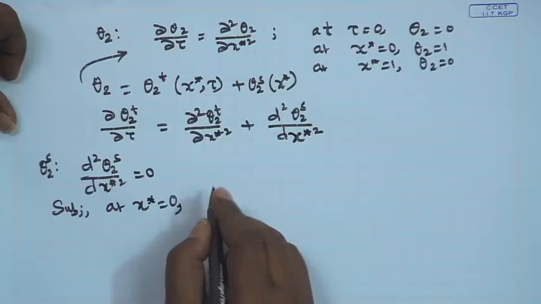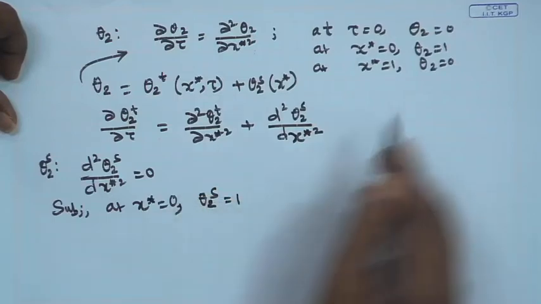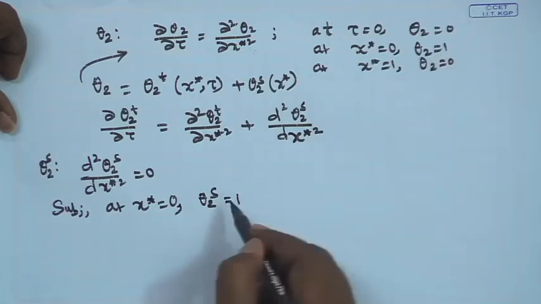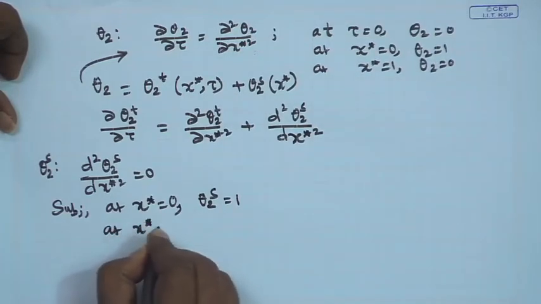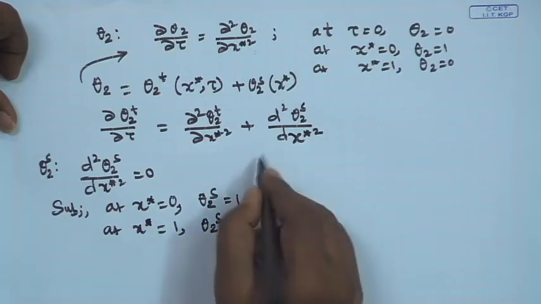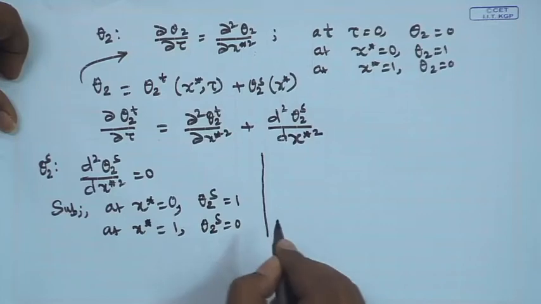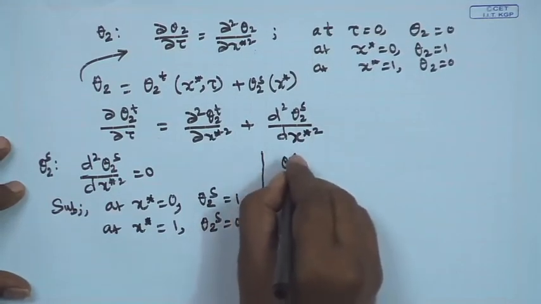Therefore, I will force the transient part boundary condition located at x star equal to 0 to be equal to 0. So, at x star is equal to 0, I write theta 2 s is equal to 1. I associate the non-homogeneous part to this boundary condition, and at x star is equal to 1, I have theta 2 s is equal to 0. So, that is the problem for theta 2 s.